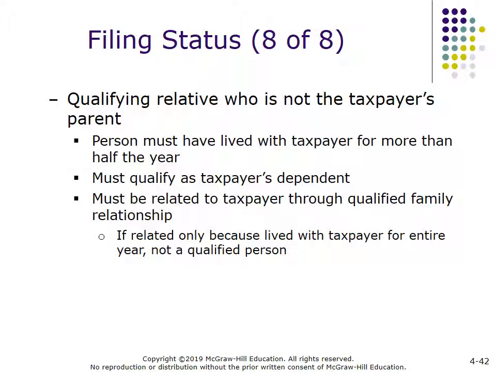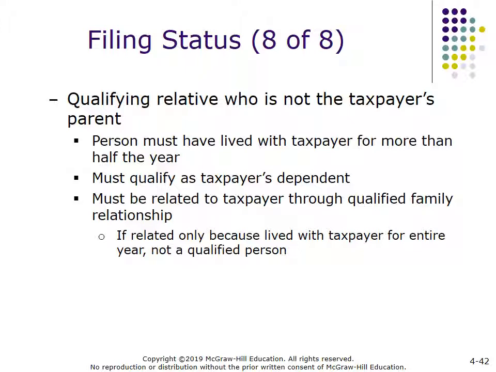If the dependent only met the qualifying relative dependent test because they lived in the taxpayer's home for more than half the year, and it's not a qualified family relation, then they are not considered your dependent for purposes of head of household. You would not qualify for head of household status.